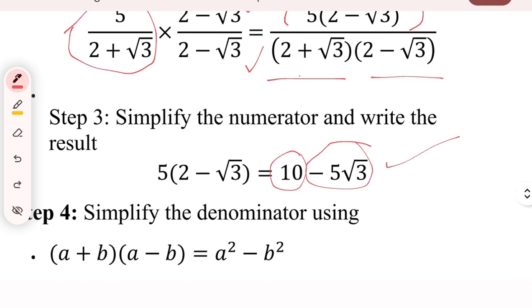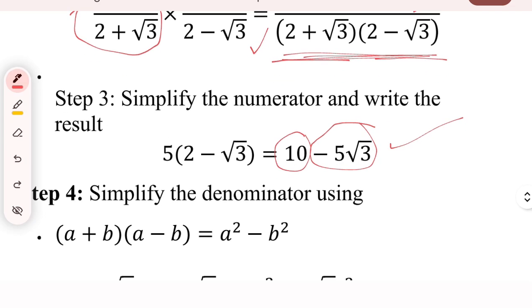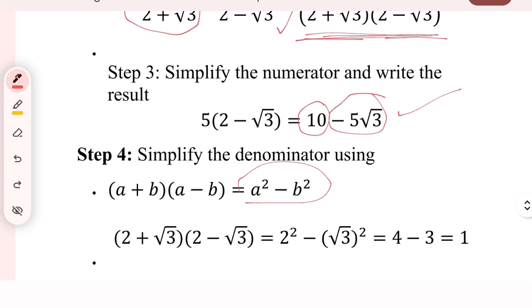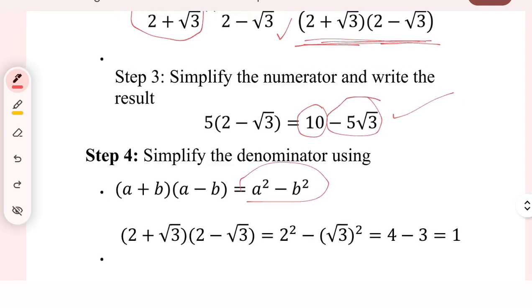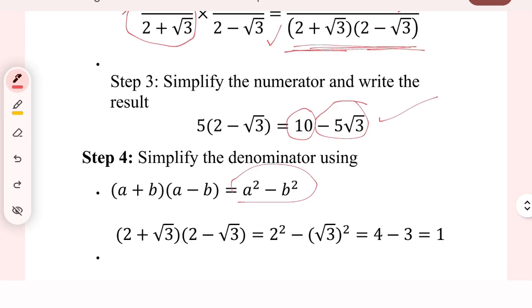What happens to the denominator? When we multiply this, it becomes a squared minus b squared, where a is 2 and b is square root of 3. So it would be 2 squared minus square root of 3 squared. 2 squared is 4.